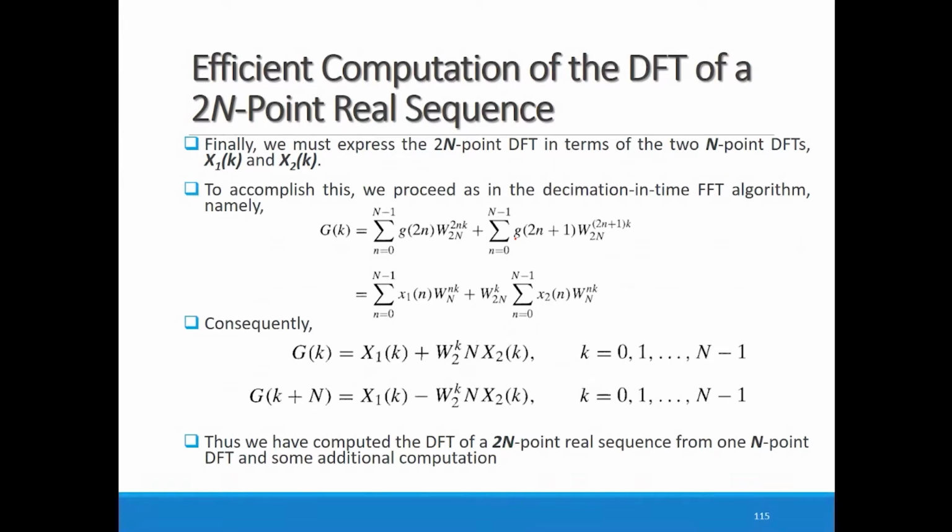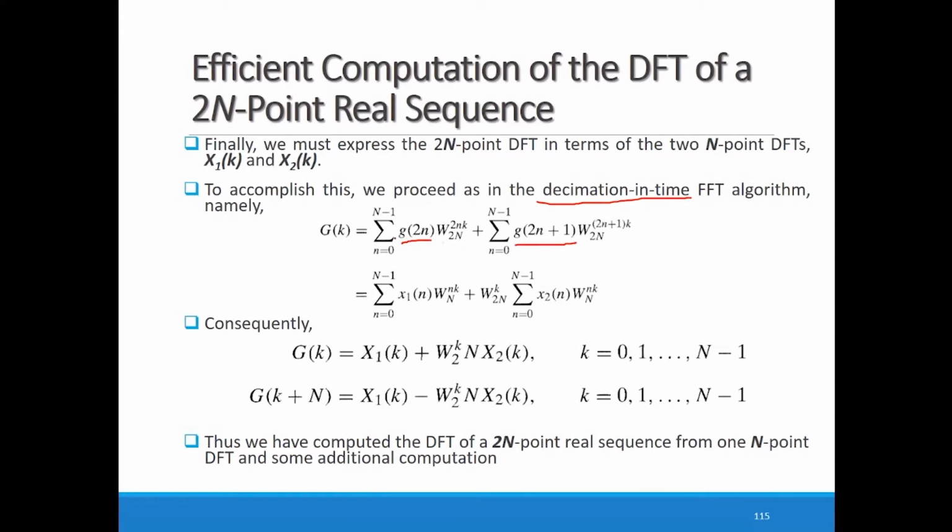To accomplish this, we proceed as in the decimation-in-time FFT algorithm. Here we have the two sequences g(2n) and g(2n plus 1). In a similar way, we have done the solution in the decimation-in-time FFT algorithm.